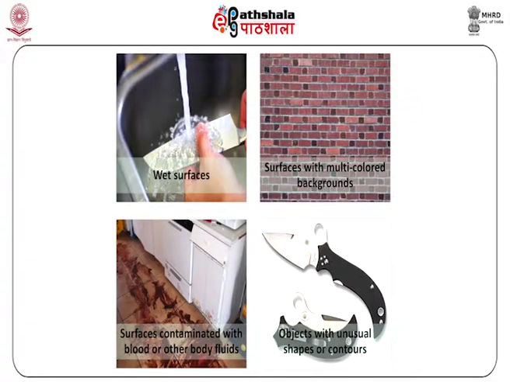The latent prints can be deposited on objects or surfaces with unique characteristics, such as a wet surface, surfaces with multicolored backgrounds, surfaces contaminated with blood or body fluids, objects with unusual shapes or contours, or the surface texture.